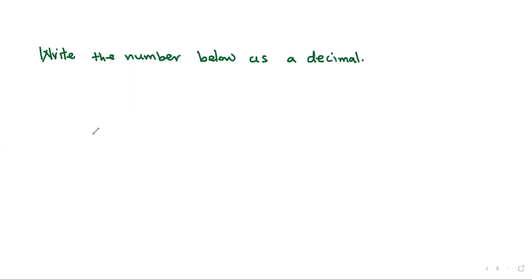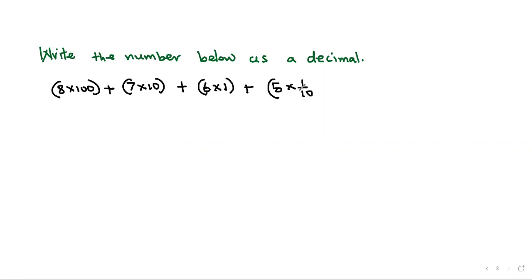Let's say that this number is 8 times 100 plus 7 times 10 plus 6 times 1 plus 5 times 1 out of 10 plus 4 times 1 out of 100.